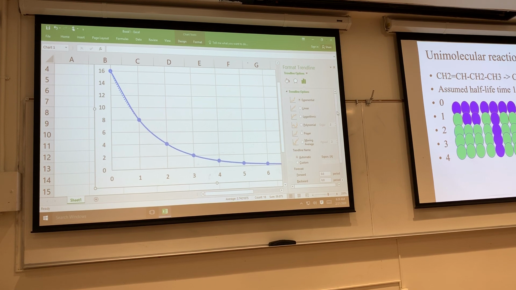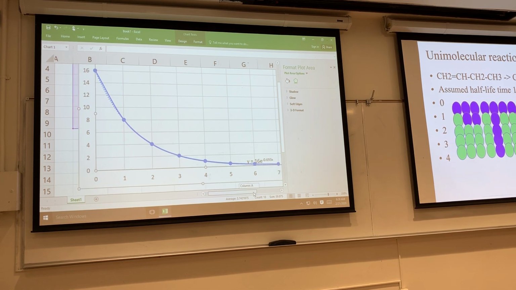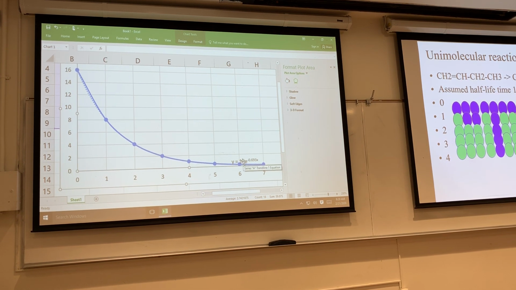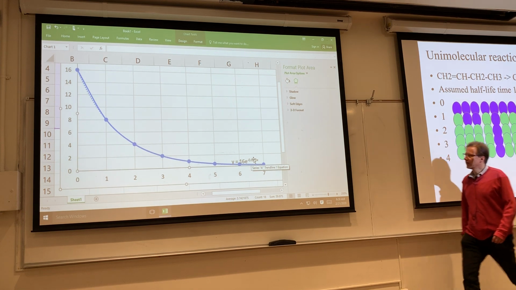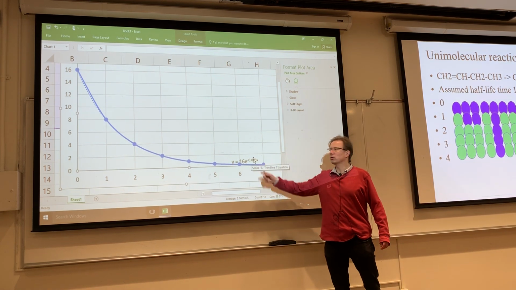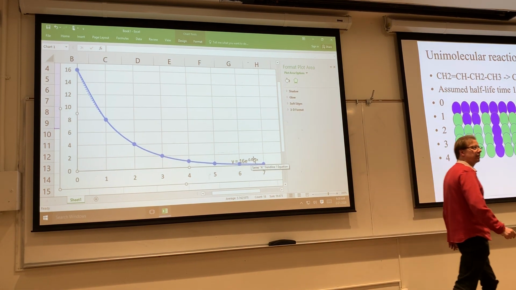And if we look at what comes out of it, then we will find that we started out with 16 molecules, and we have this 0.693 or so for the exponential. So we can right away get some information.